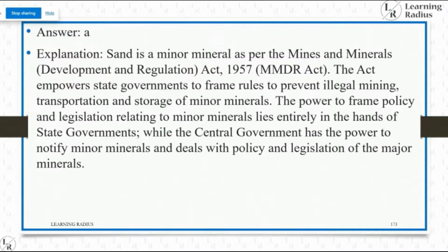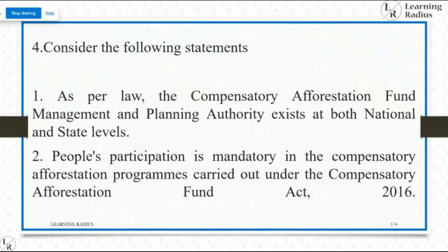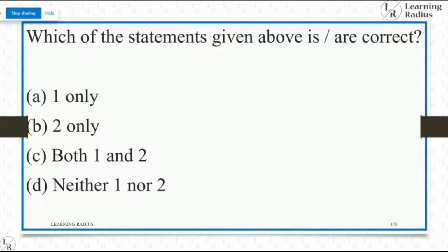Now, the next question is, as per law, the Compensatory Afforestation Fund Management and Planning Authority exists at both national and state level. People's participation is mandatory in the Compensatory Afforestation Program carried out under the Compensatory Afforestation Fund Act 2016. Here UPSC is asking 1 only, 2 only, both 1 and 2, neither 1 nor 2.